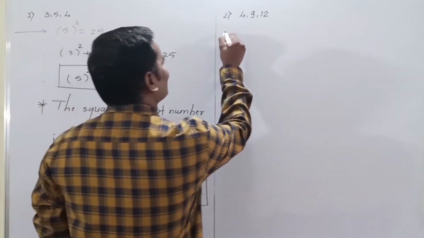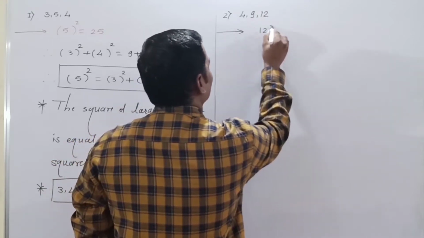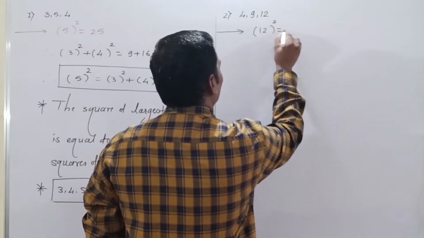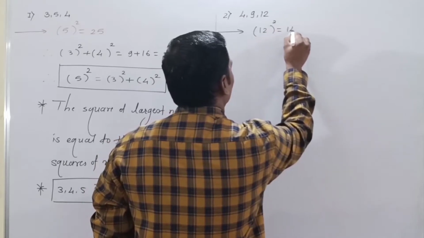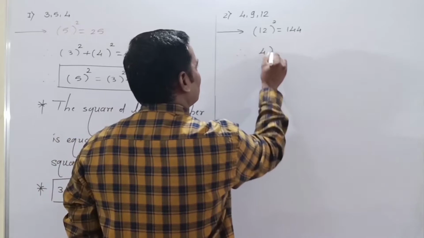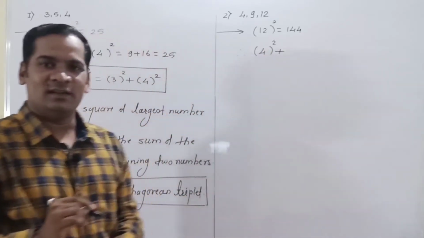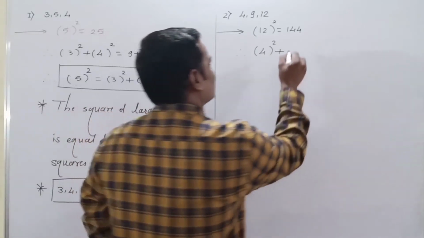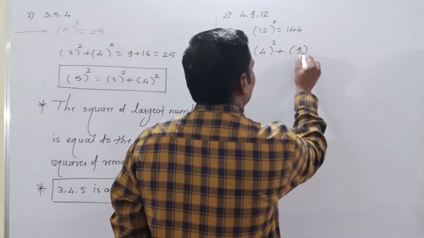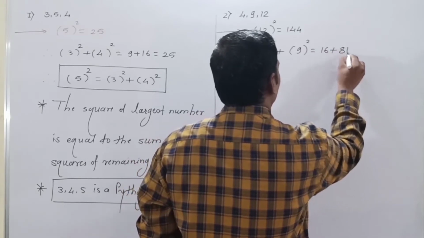Which is the largest number here? Here 12 is the largest number, and we know that the square of that 12 is 144. Therefore, the squares of the remaining two numbers: 4 square plus 9 whole square is equal to 16 plus 81.